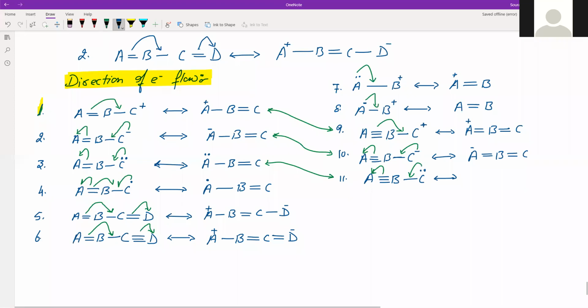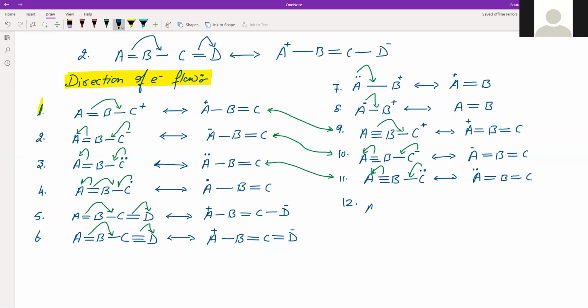So ultimately you will get A double bond B double bond C and a lone pair on A. And because C has lost its lone pair, you can also write it as the positive charge on C and negative charge on A, or you can write it like this. Both are valid.